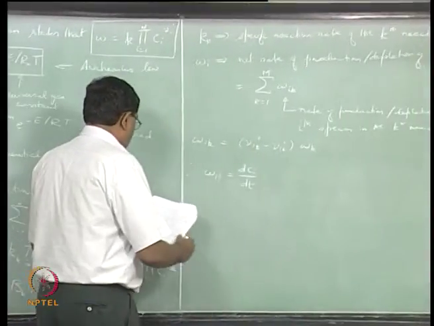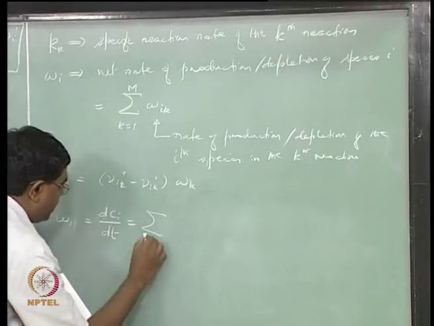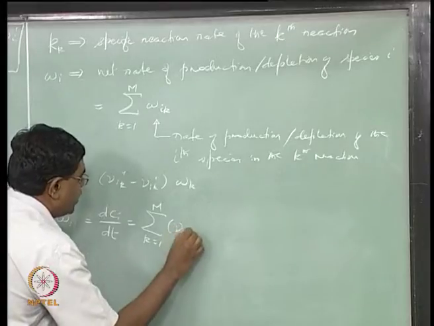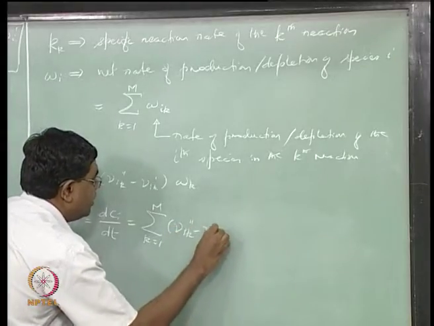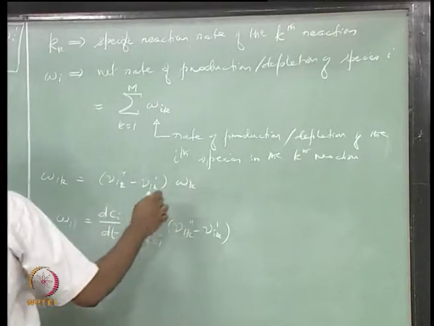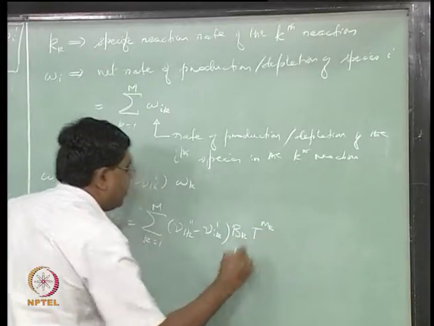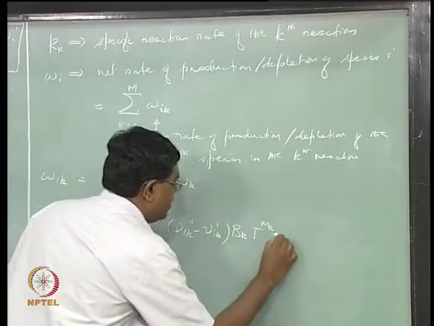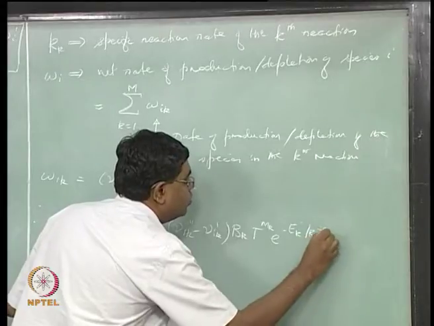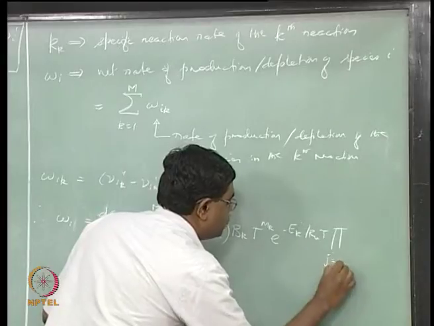So dCi over dt is equal to sigma k equals 1 to M, nu ik double prime minus nu ik single prime, times omega k, and omega k is bk T to the mk e to the exponential minus ek over Ru T, pi j equals 1 to n.